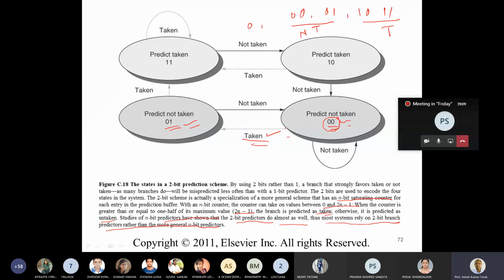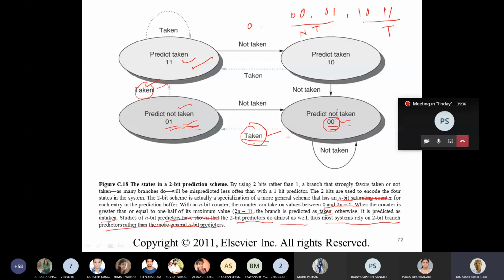So that is one misprediction. Suppose next time the prediction is not taken, and again you mispredict because the outcome is actually taken. That is two mispredictions, one here and the other here.